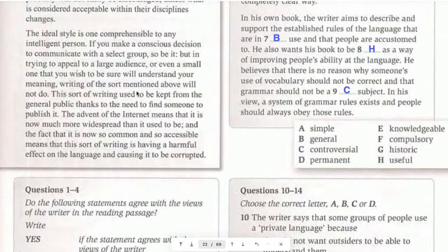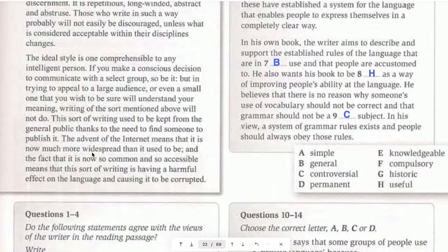Where? Yes, I can see the word internet here. Okay, yes, the last sentence here, right?